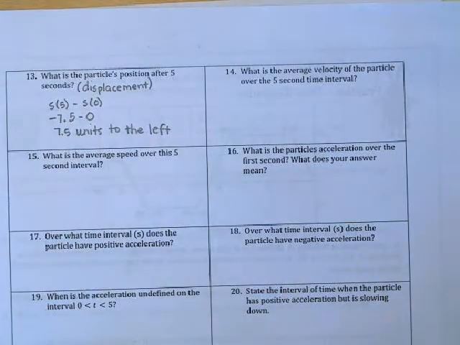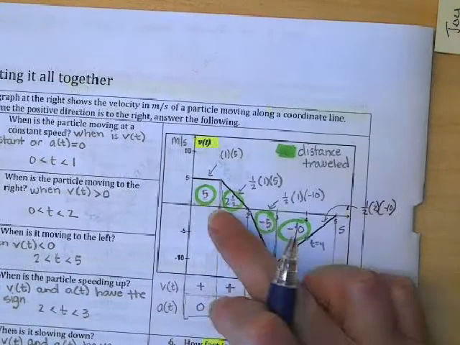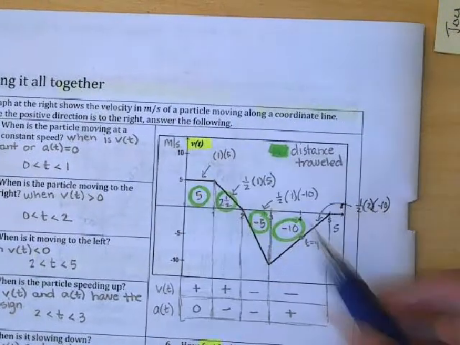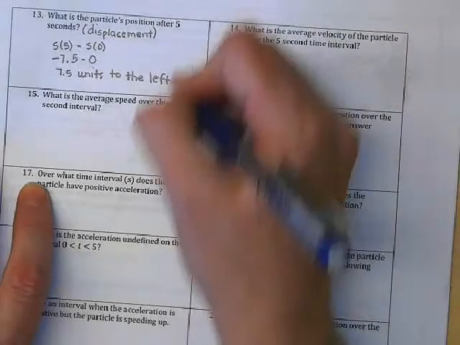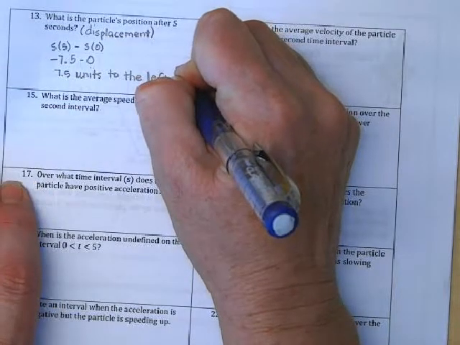Now, in this case, I want you to think about where we were, so we don't know that we started at 0. I'm going to say units to the left of its starting point.